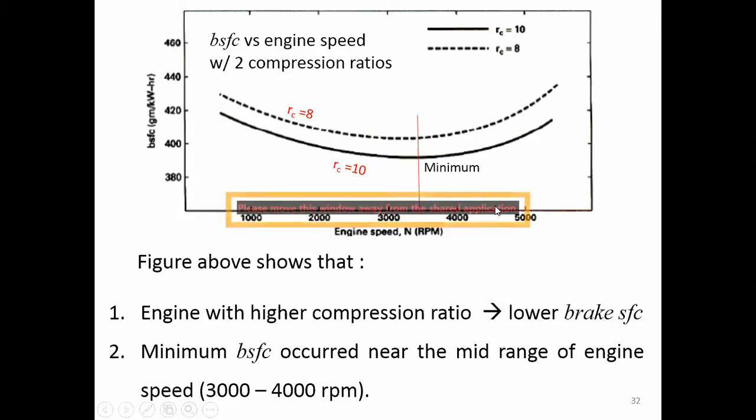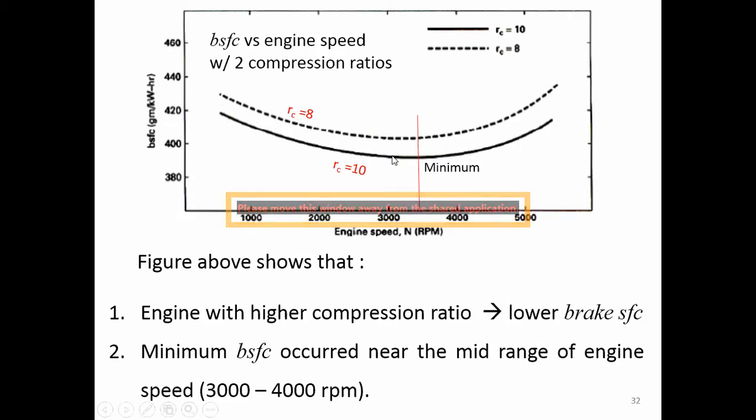Another thing that you can observe is that you will get the minimum of the BSFC near the mid-range of your engine speed. The minimum is not at the beginning, not at the end.